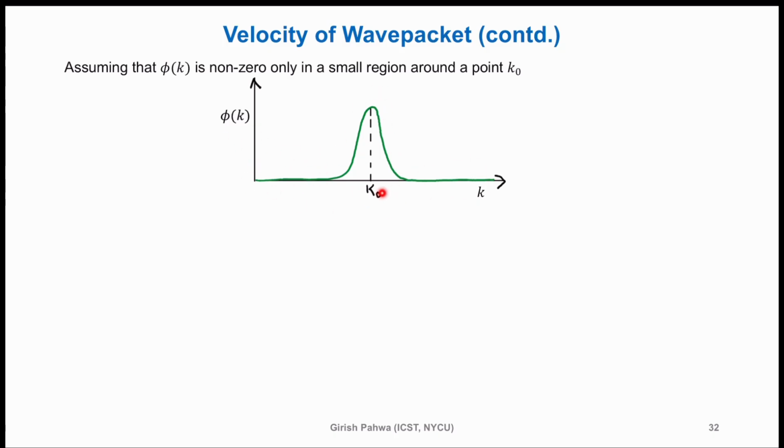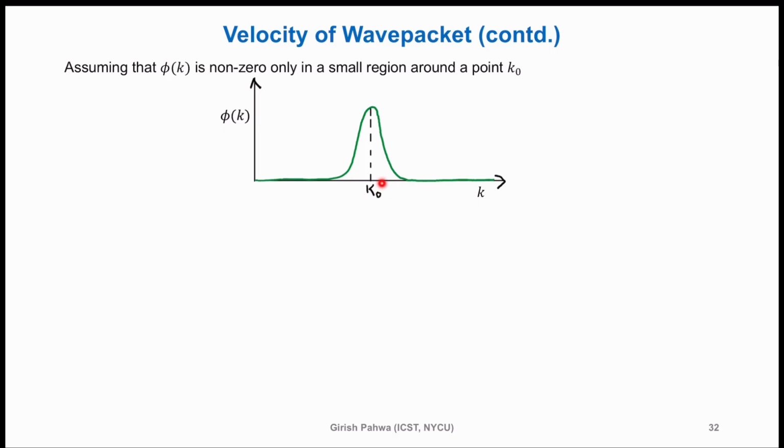So the coefficients of those different waves, what does this denote? The coefficient is basically a weight factor of one particular wave. So what do I do? Plane wave times weight factor. What is that weight factor? Phi k. And I have assumed that the weight factors only around a small range of k are non-zero.